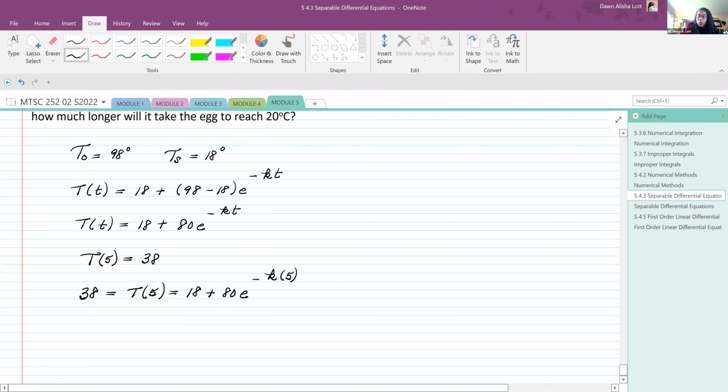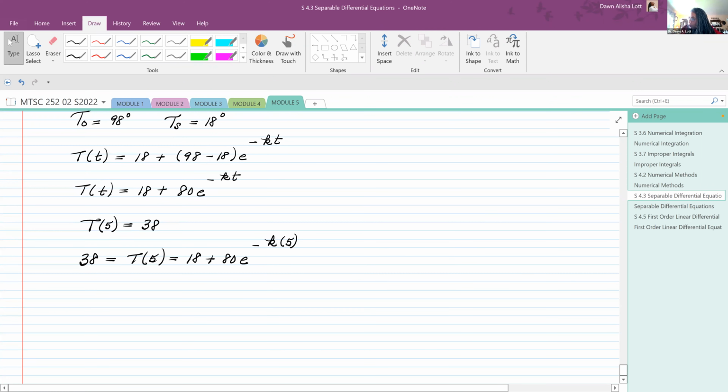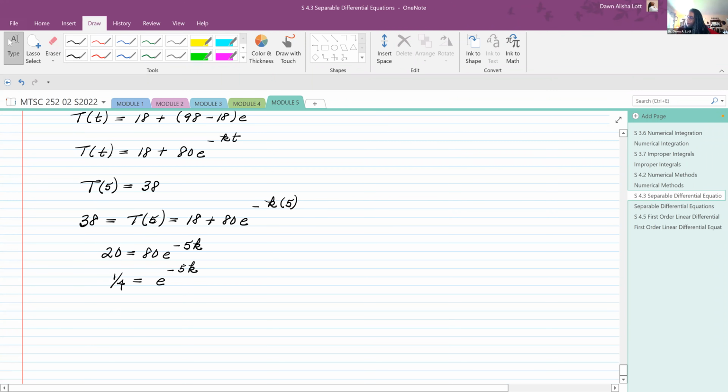The only thing left in there is k. So I get 38 minus 18, so 20 is equal to 80 e to the negative 5k. So I can divide and get 1 over 4 is equal to e to the negative 5k. Now I need that 5k out of the exponent.